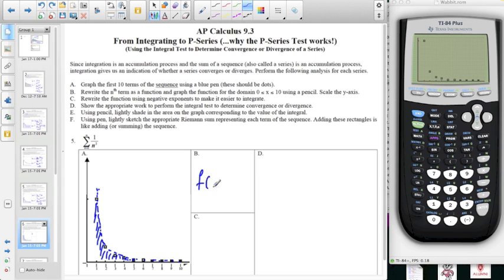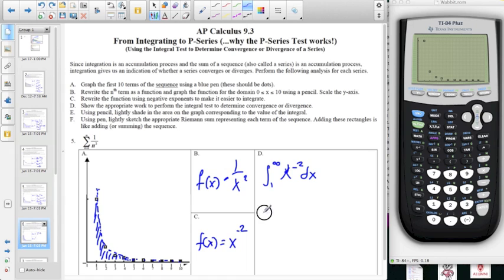So writing this in function notation, we're going to be integrating here 1 over x squared, which is x to the minus 2 power, if you want to call it that. And so we're looking at integrating from 1 to infinity. I'll leave it as x to the minus 2 power dx.